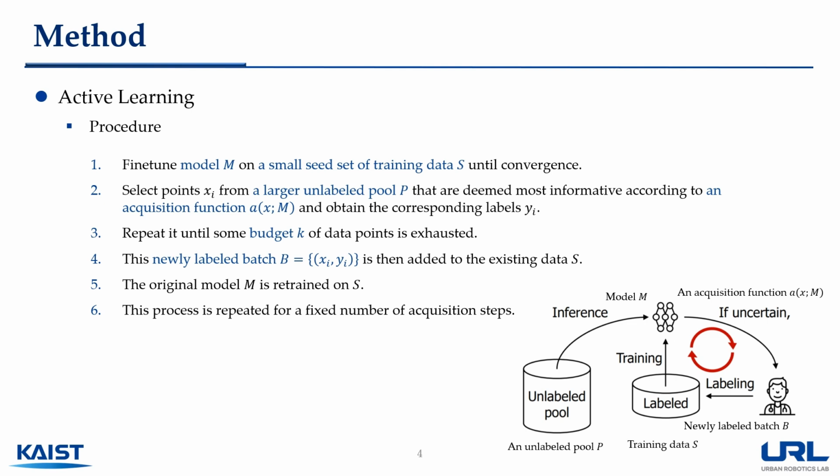This newly labeled batch B is then added to the existing data S. The original model M is retrained on S. This process is repeated for a fixed number of acquisition steps.